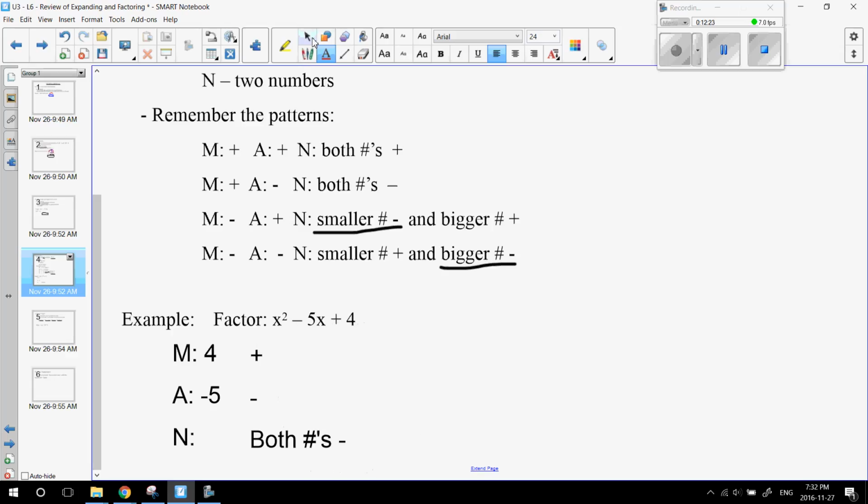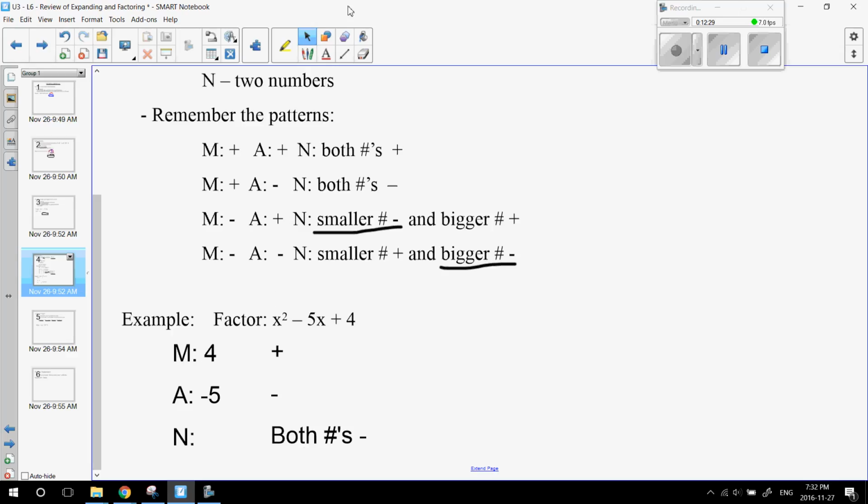The other thing that can help us come up with our two numbers is to look at the multiply number and list out all the different things that multiply to that number. So what are the different numbers that multiply to 4? Well, we can do 1 times 4, that gives us 4.